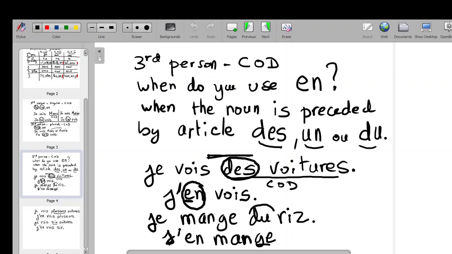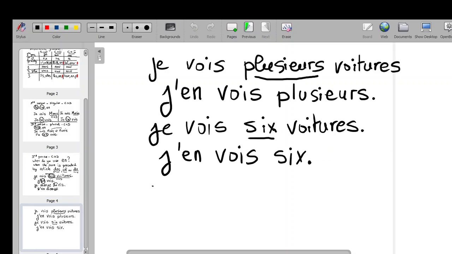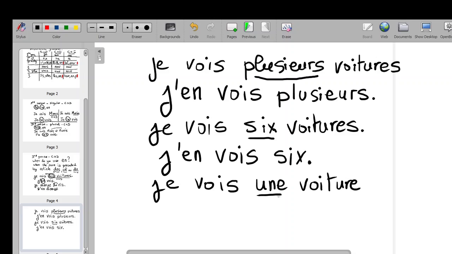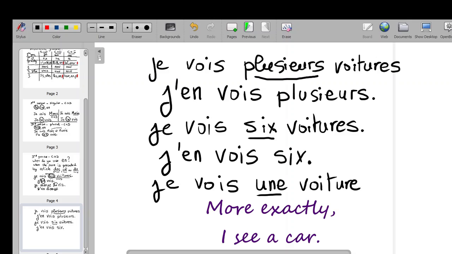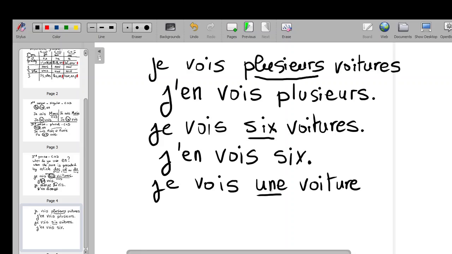Okay, so what's left is, I missed one. We've done des, we've done du, but I haven't done un. So let's continue. Je vois une voiture. So une is an article indéfini, feminine. So I see one car. Okay, so un, une.